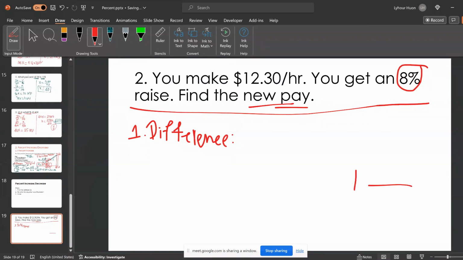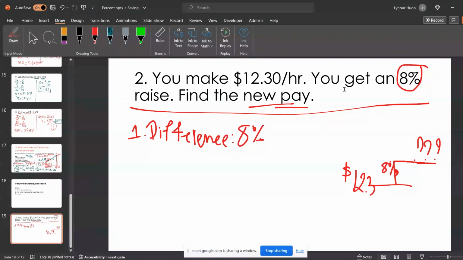Currently we are at $12.30, and then you get raised another 8% to an amount that we don't know. So the difference is 8%.